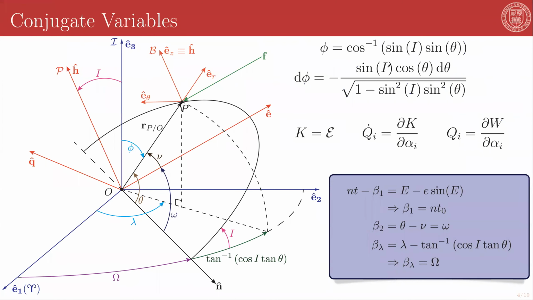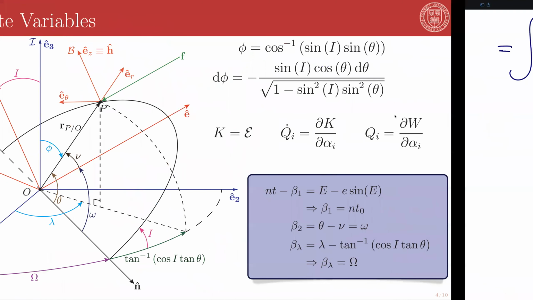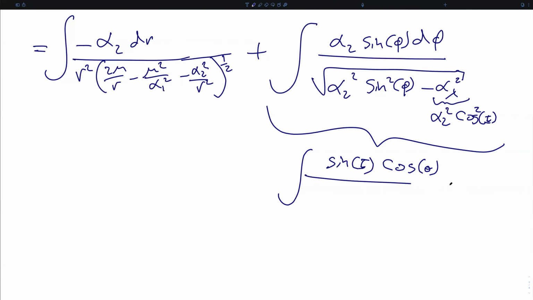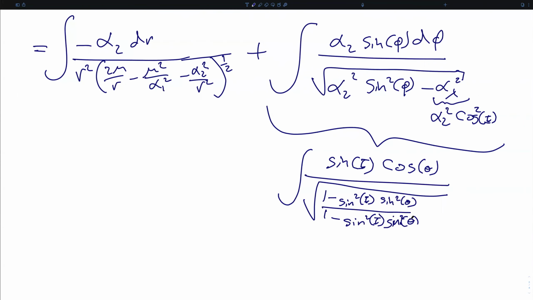We substitute these expressions into the second integral of our equation, also canceling out the alpha 2 term as we go along, which appears everywhere in the numerator and denominator. And we find that this entire thing becomes the integral of sine I cosine theta d theta over the square root of 1 minus sine squared I sine squared theta, itself over 1 minus sine squared I sine squared theta times sine I cosine theta.